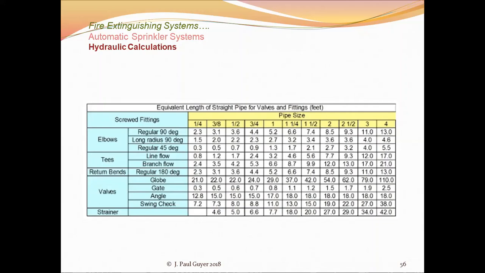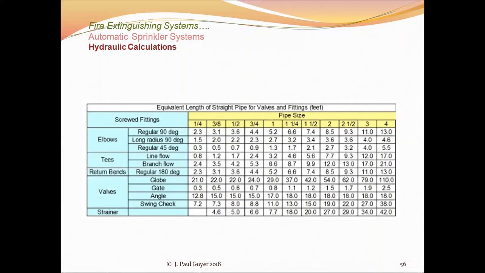And that's the flow you need out of that head. And that flow needs to be delivered to that head at not less than 20 psi. So you lay out just by the seat of the pants your system.